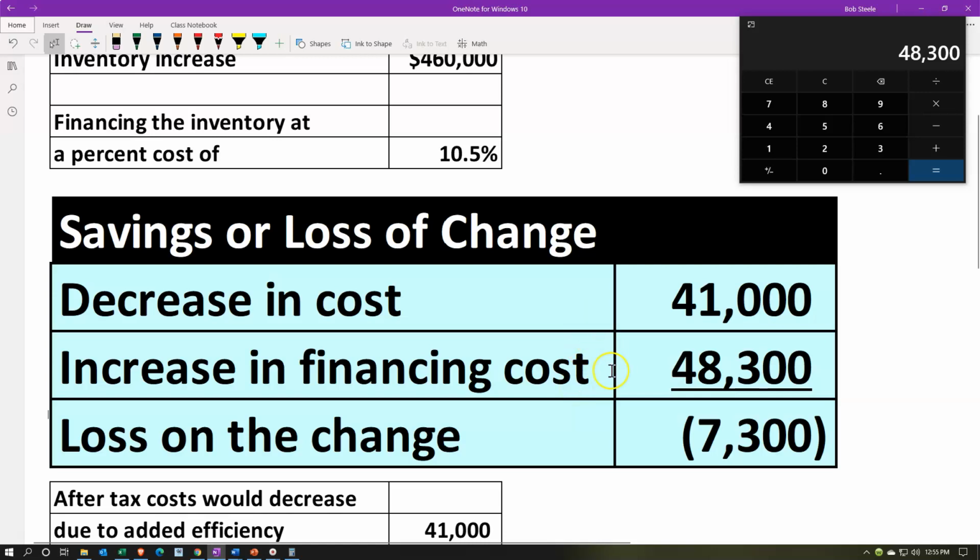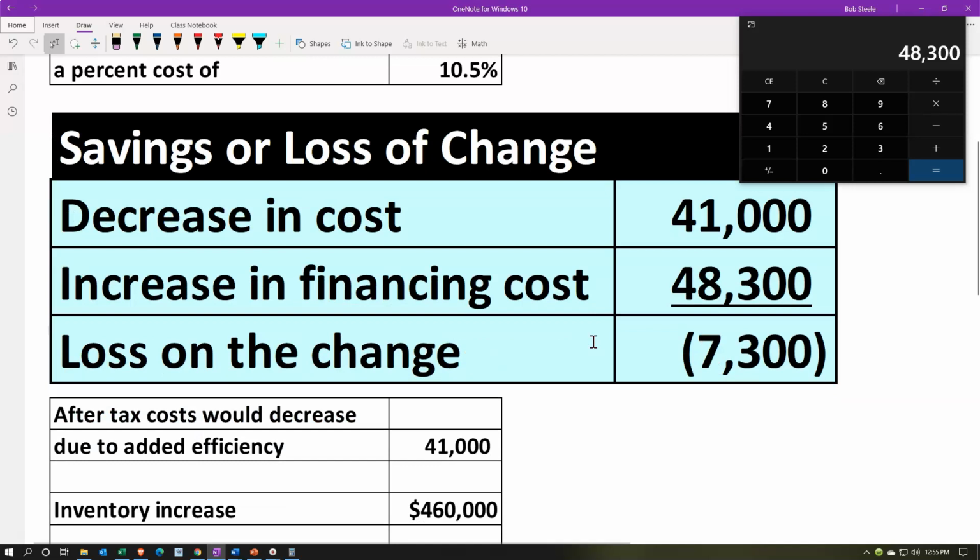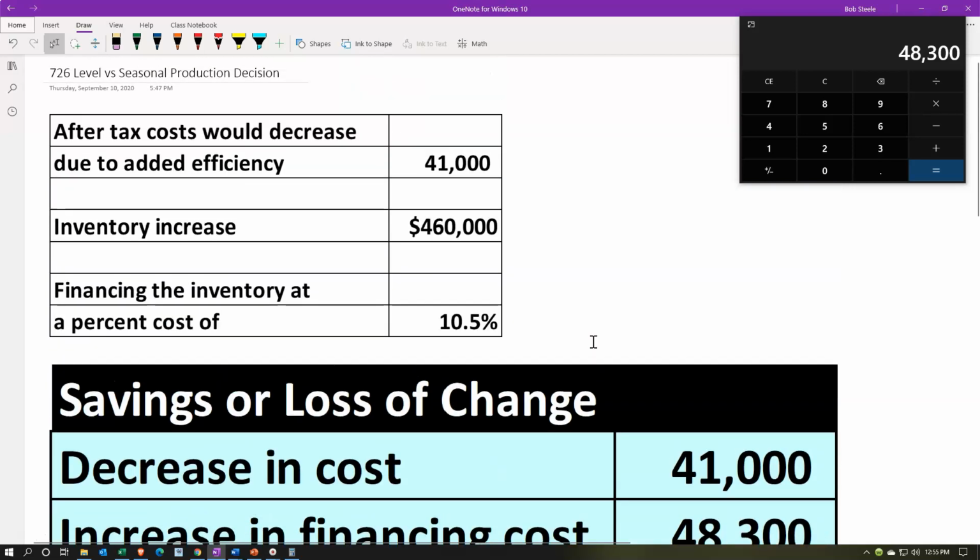So these are pretty simplified, the two things that we would have to be thinking about when you're thinking about whether or not to have a seasonal production or to have a fixed production. Now you might say, hey, what if this financing cost changed? What rate could this be in order for these two options to be the same?